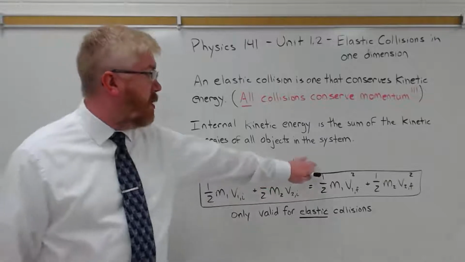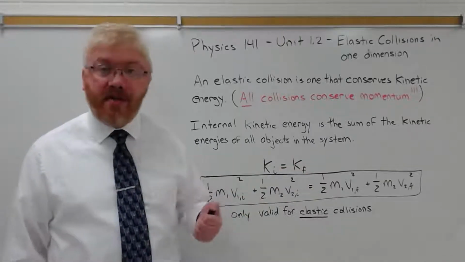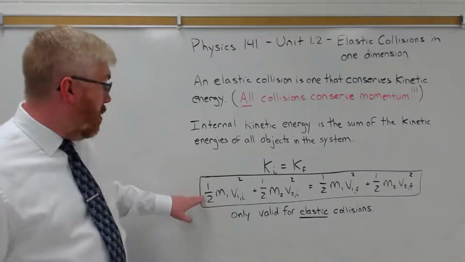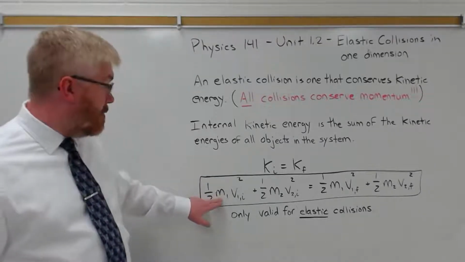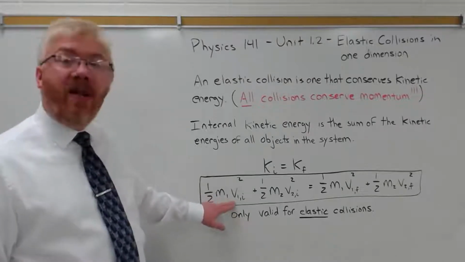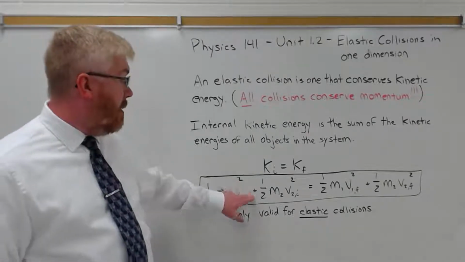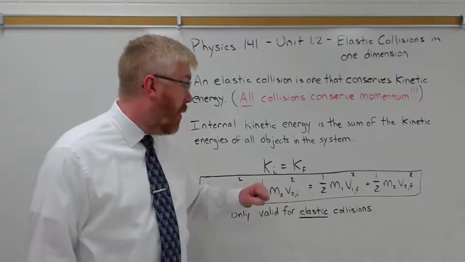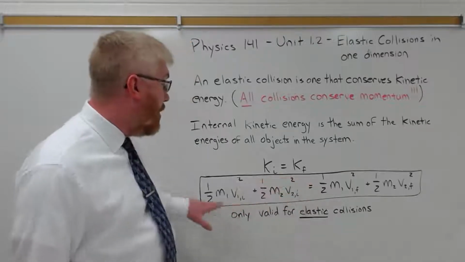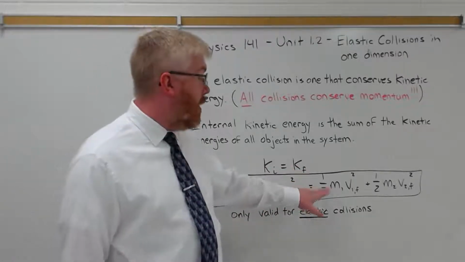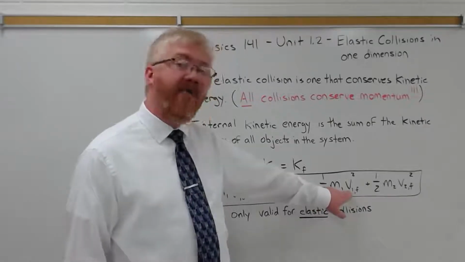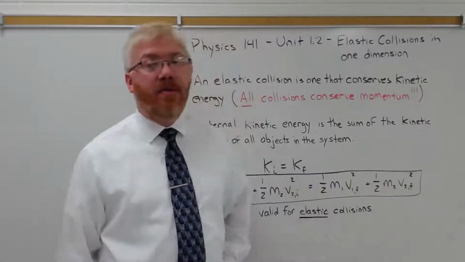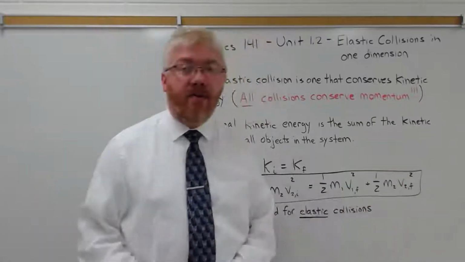So, initial kinetic energy is equal to final kinetic energy, total kinetic energy for the system. Or in the case of two objects colliding in one dimension, 1/2 the mass of object 1 times the initial velocity of object 1 squared, plus 1/2 the mass of object 2 times the initial velocity of object 2 squared, that's the total initial kinetic energy, is equal to 1/2 the mass of object 1 times the final speed of object 1 squared, plus 1/2 the mass of object 2 times the final speed of object 2 squared.